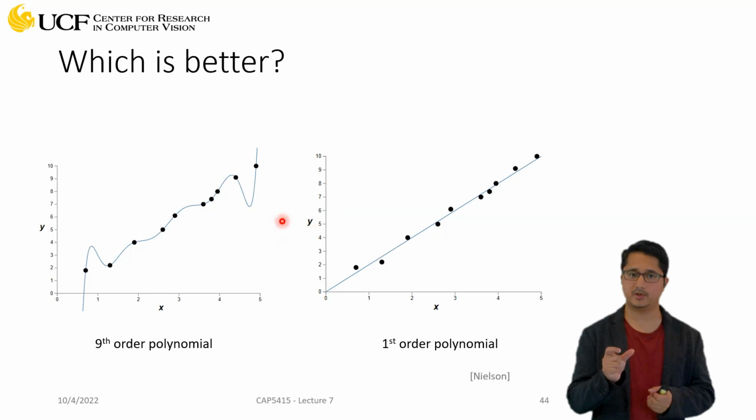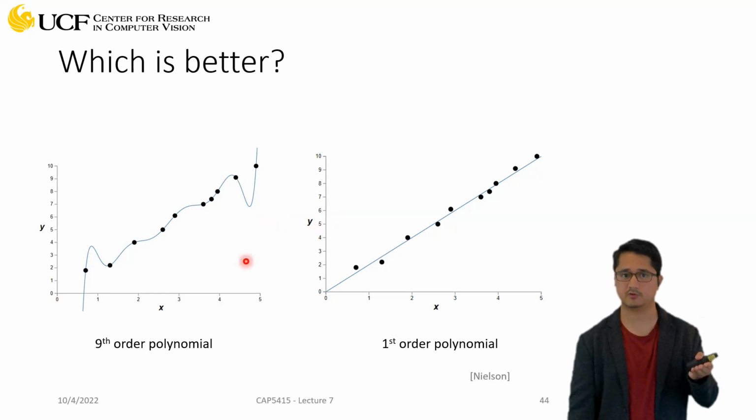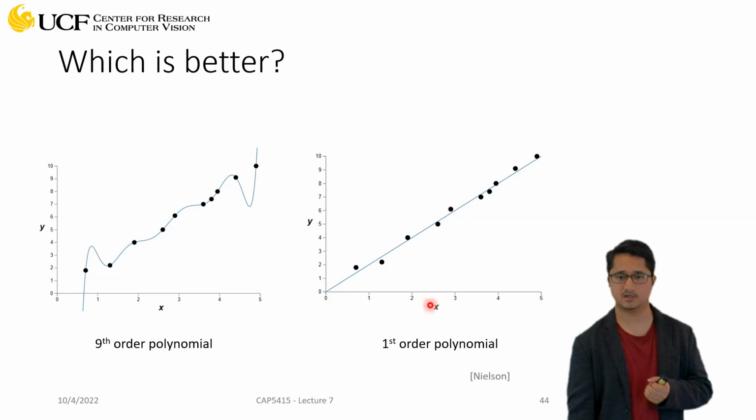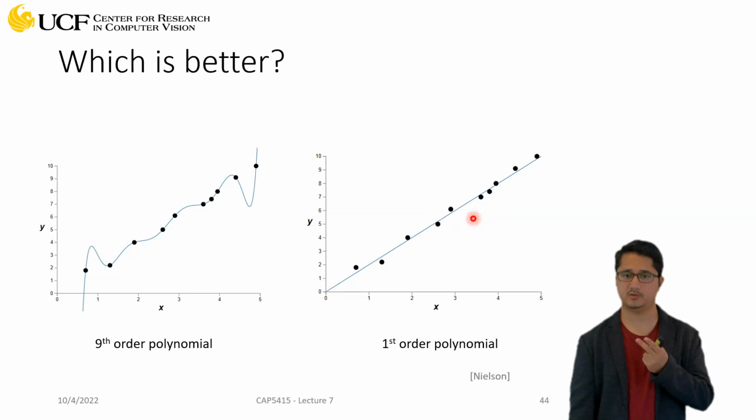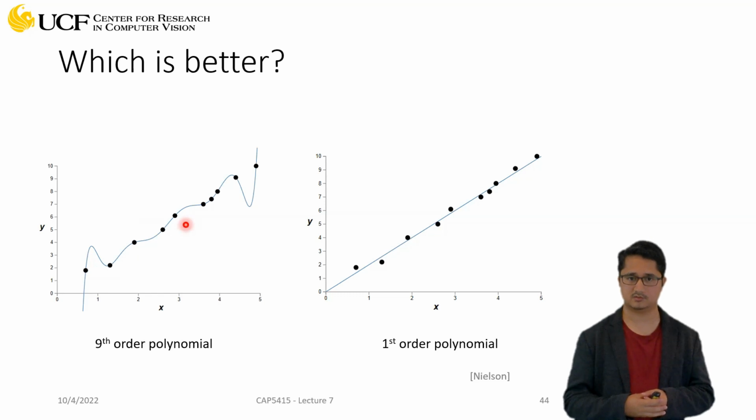Now, if you compare the number of parameters in these functions, and that relates to the number of parameters you have in your neural networks: in this case, it's just a first order polynomial, so you need just 2 values, the slope of this line and the intercept. So it's 2 parameters to define this function. In this case, it's a 9th order polynomial, so you need that many parameters. That will be a very complex equation.